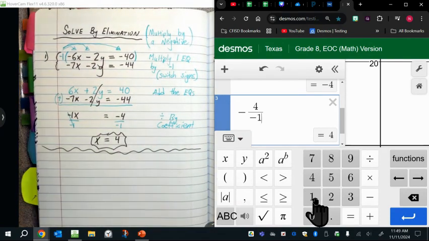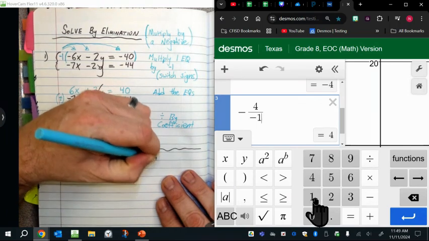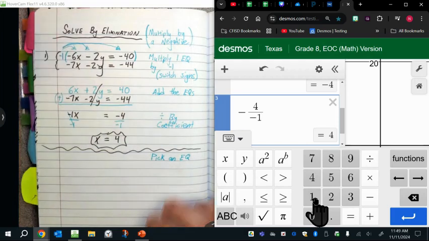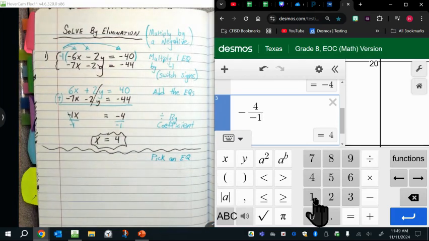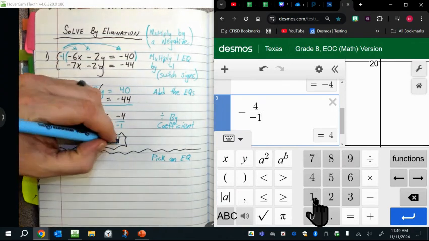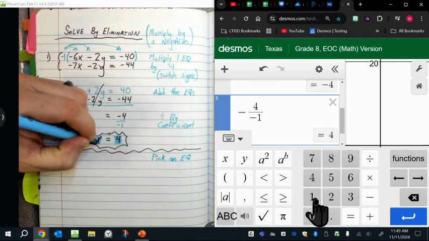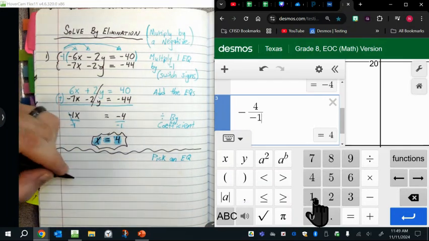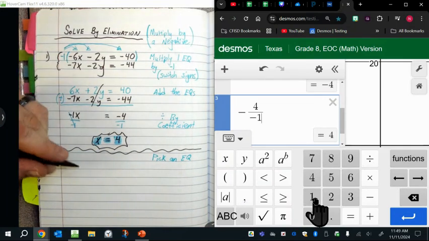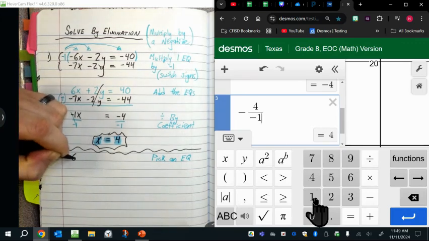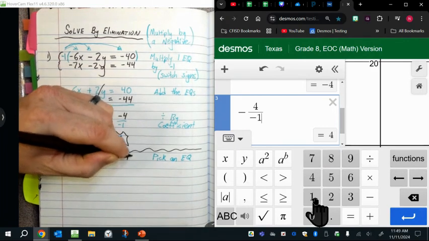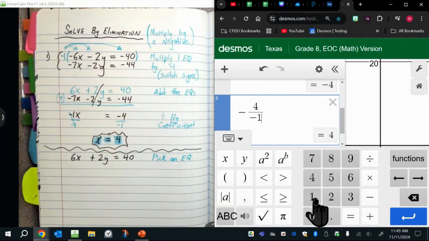Okay, so then I'm going to pick an equation again, like we did the day before. Pick whichever one's easiest to work with, and we will substitute what we know. We know this to be 4. So pick an equation. I'm going to pick the equation that we started with, this 6x plus 2y equals 40. That's a good equation.